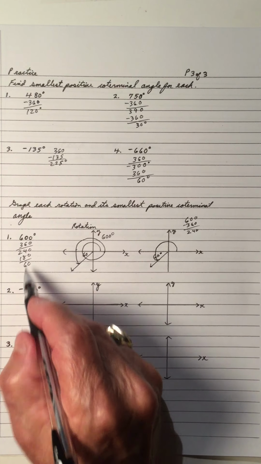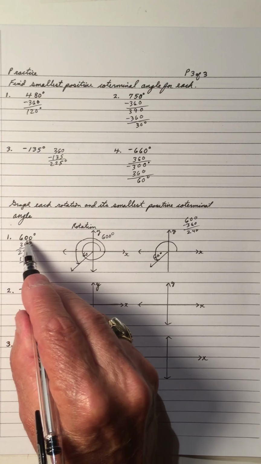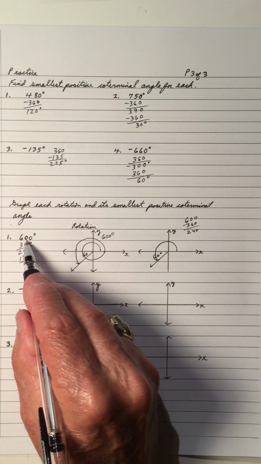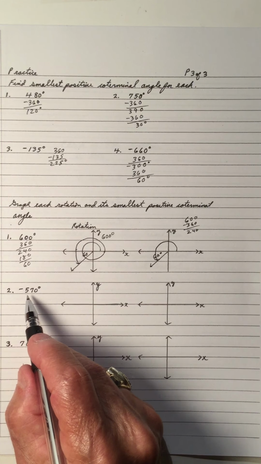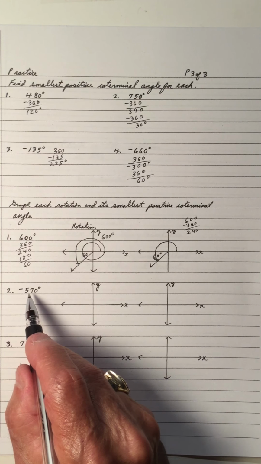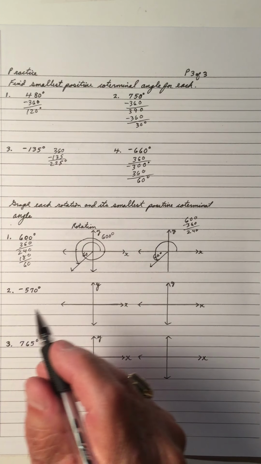So when the angle rotation gets more than 360, it's easy to subtract and get the smallest positive. If the angle is more than a negative 360, or it was negative, then add on the 360.